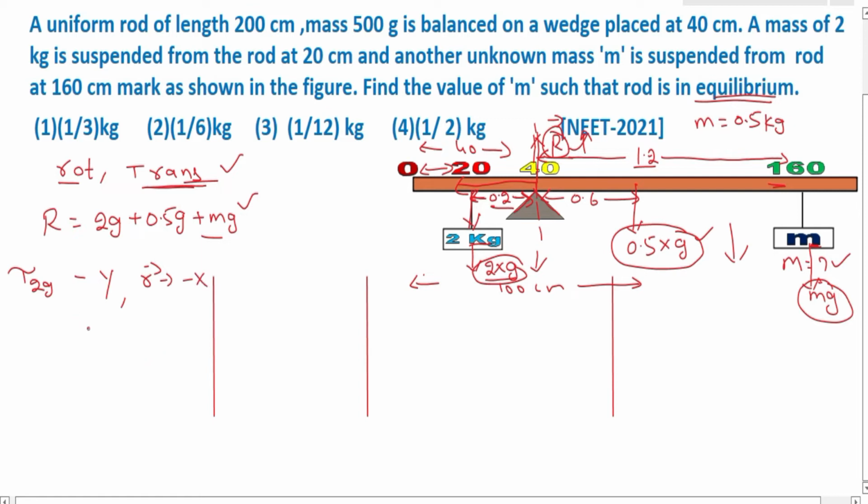Then the torque tau will be along the direction of... to find the direction of torque, you have to use the right hand rule.